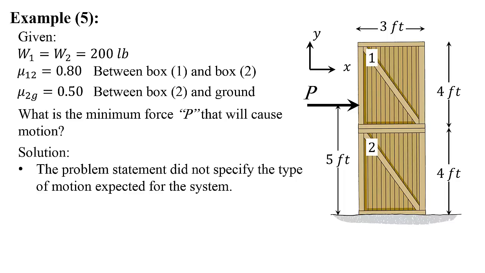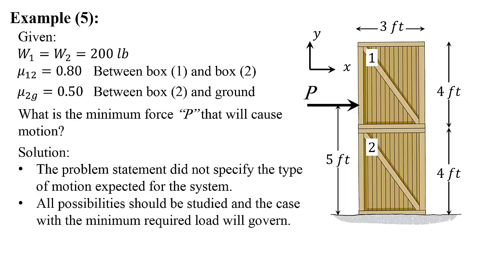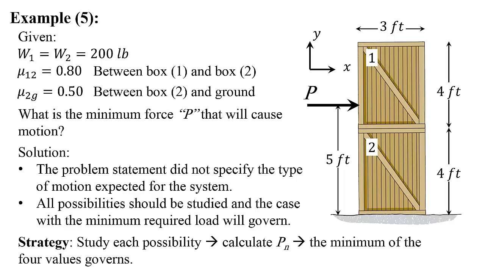So all possibilities should be studied, alright? And the case with the minimum required load will govern, and we will explain more about that. But now let's think about the possibilities. How many movements can we expect from this system? Here's our strategy. Get the possibilities, calculate the load that will cause each movement, and the minimum of the loads will be our case.